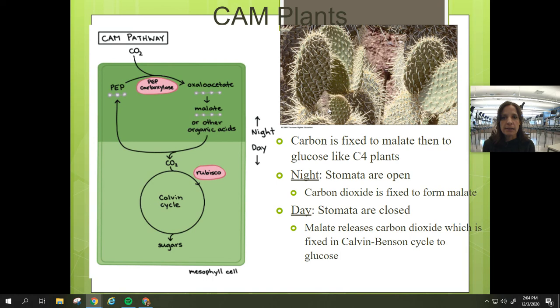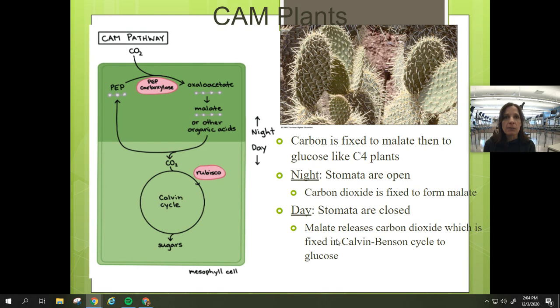Now, CAM plants, like cactus, also do a similar thing as C4 plants. So they produce malate, and then that malate can be broken down as a supply of carbon dioxide. However, CAM plants are different because at night their stomata are open, right? At night it's going to be cooler, they're not going to lose as much water, carbon dioxide is going to come in to make malate, and then during the day the stomata are closed.